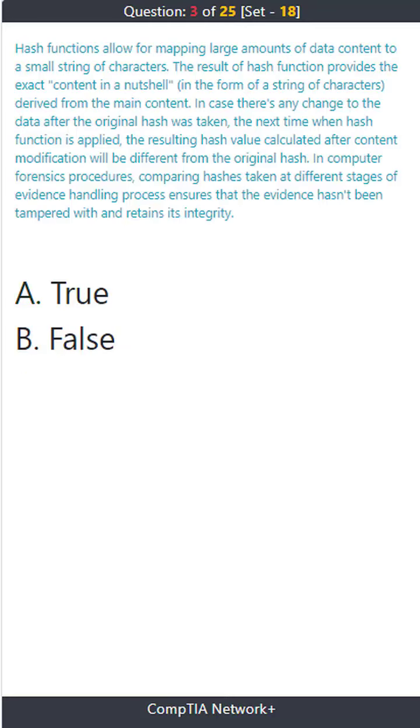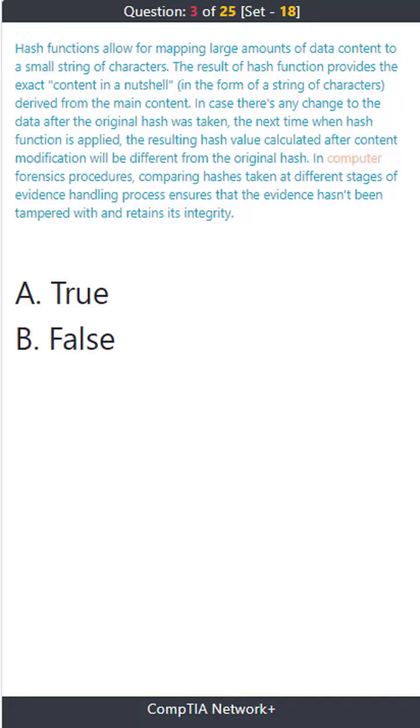Question 3. Hash functions allow for mapping large amounts of data content to a small string of characters. The result of a hash function provides the exact content in a nutshell, in the form of a string of characters derived from the main content. In case there's any change to the data after the original hash was taken, the next time the hash function is applied, the resulting hash value calculated after content modification will be different from the original hash.